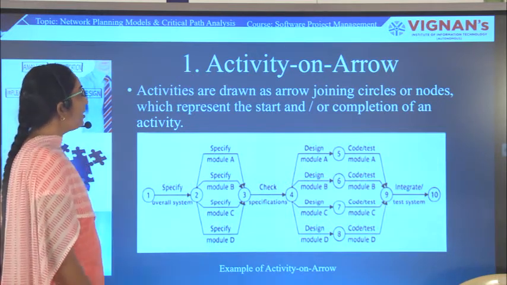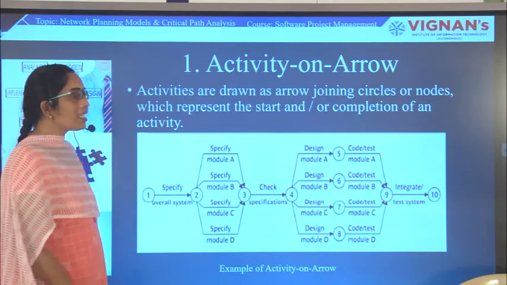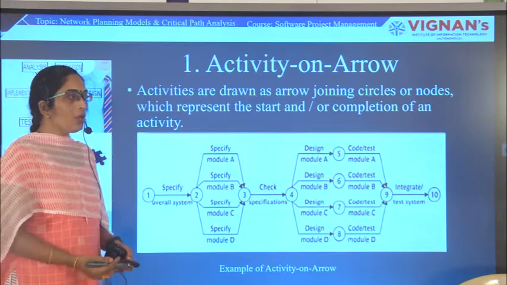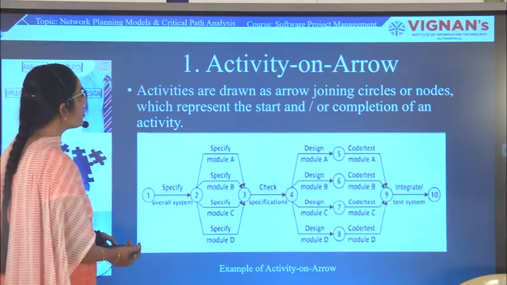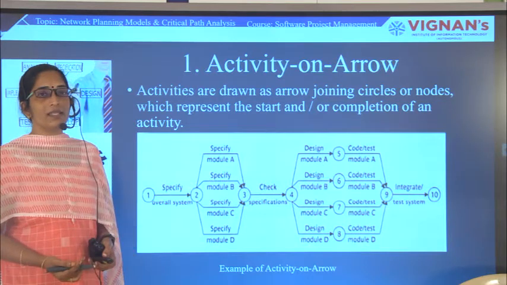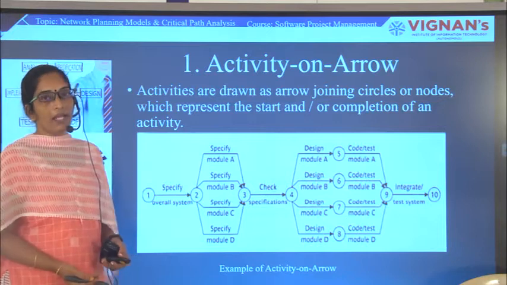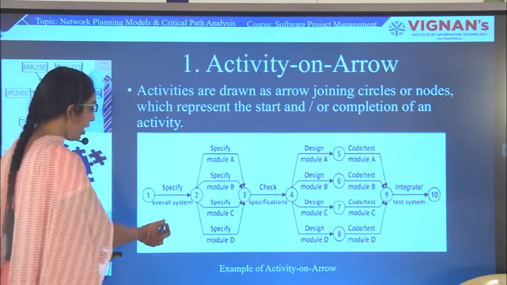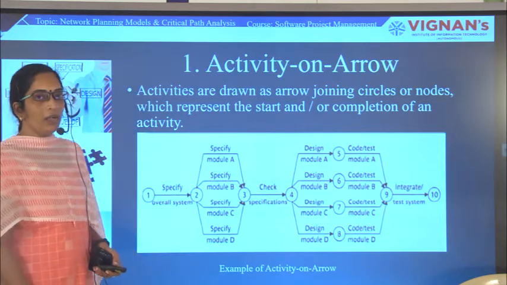In the activity on arrow approach, the activities are drawn as arrows joining circles or nodes, which represent the start and the completion of an activity. This is an example of activity on arrow.